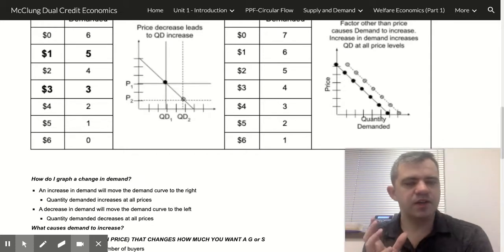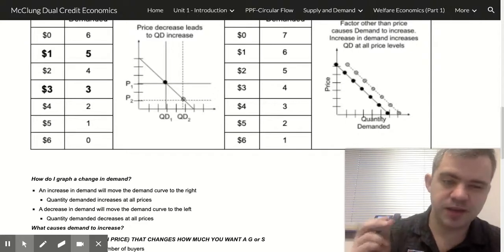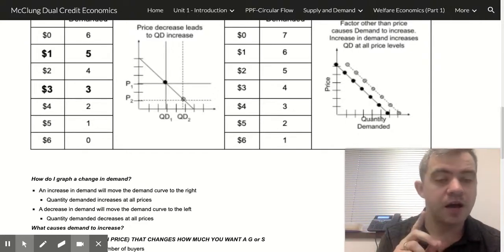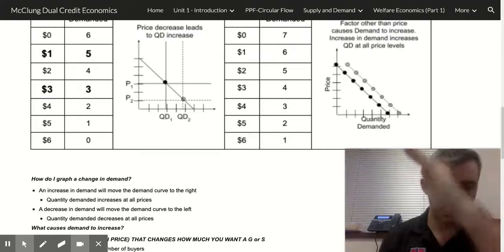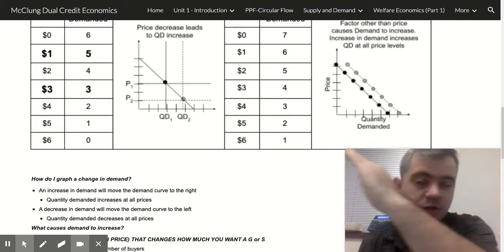Now, it's very tempting to think of this as a shift up and a shift down. I really discourage you from doing that because that's going to mess you up when we get to supply. So, increasing the quantity demanded at every price, an increase in demand, that's to the right. A decrease in demand, that is to the left.